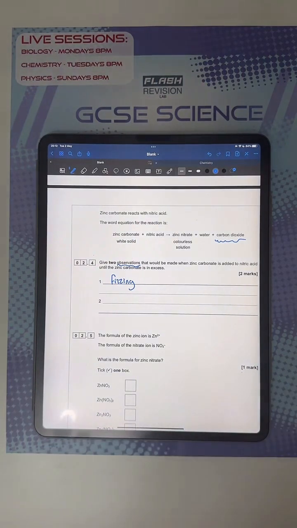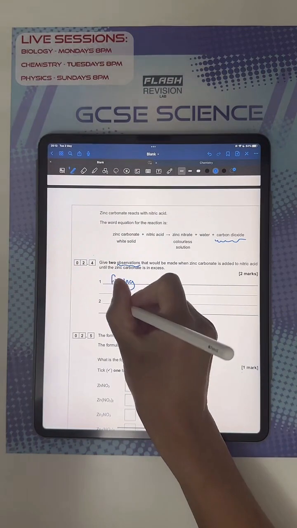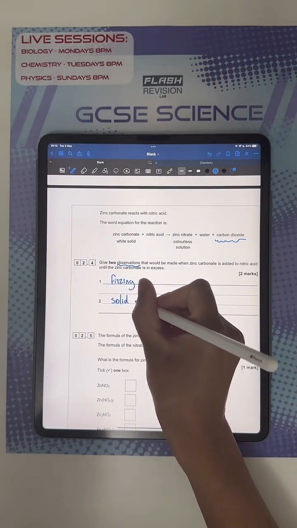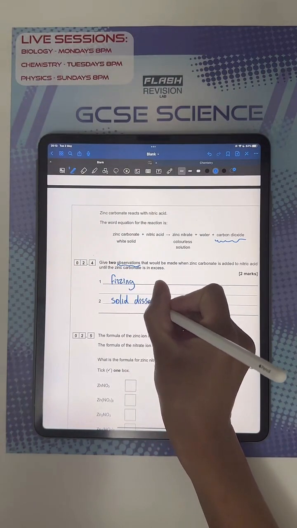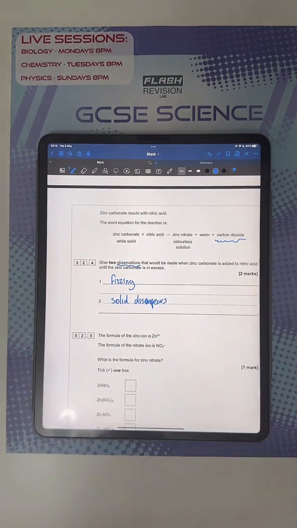What happens to the solid? No flame. So you get bubbling, and what will happen to the solid? Yeah, it gets smaller, doesn't it? If you put something in acid, the solid gets smaller. So you can say solid disappears.